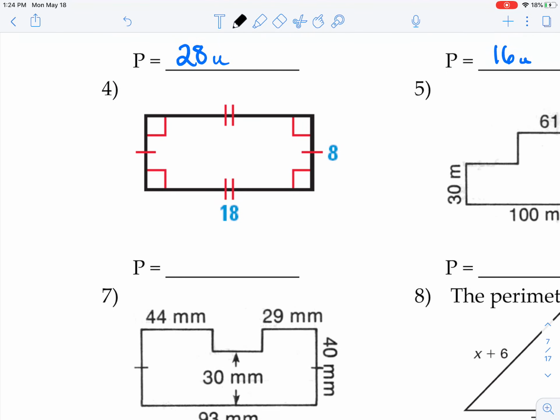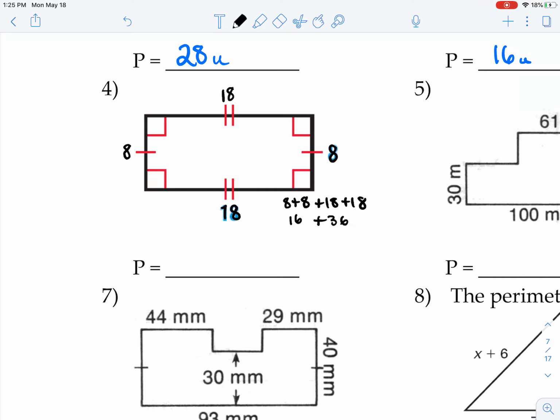So here we have a rectangle. We have 4 right angles in this quadrilateral that makes it a rectangle. The tick marks help us understand that if this side is 8, then the opposite side is 8. If this side is 18, then the opposite side is 18. And so we're simply going to add all these numbers. 8 plus 8 plus 18 plus 18. 8 plus 8 is 16. 18 plus 18 is 36, I believe.